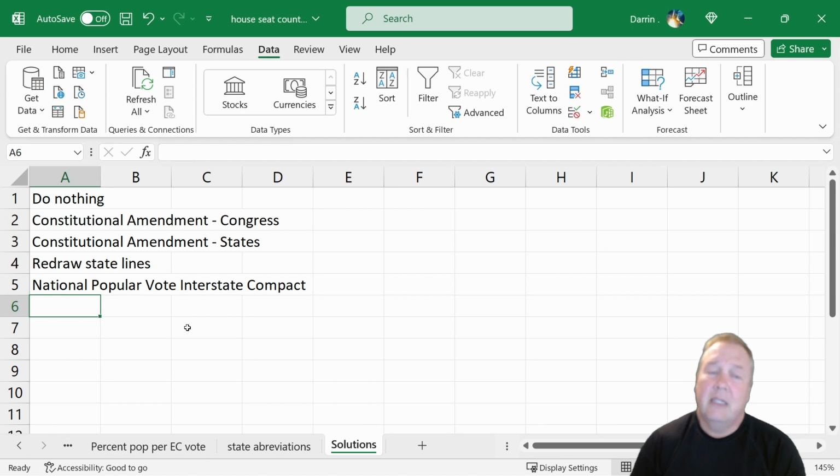The second method is that two-thirds of the states petition the federal legislature for a constitutional convention to draft the amendment. They draft the amendment. The U.S. legislature is cut out of the deal, and then still three-quarters of all states, either the legislatures or a state convention, have to ratify it.